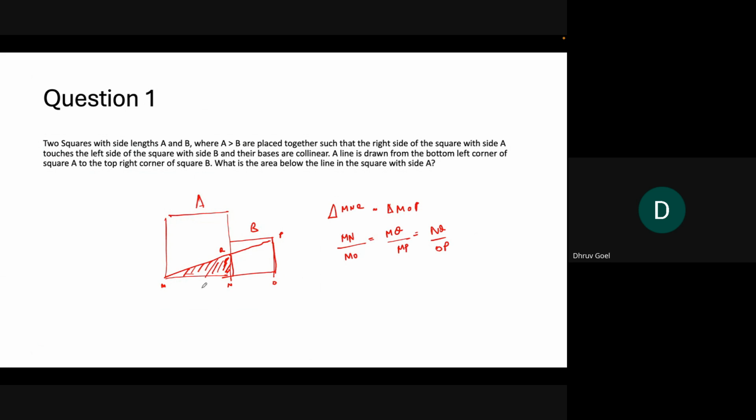Now I know the sides of this triangle will be A, this is B, and this is B. So MN will be A, MO is A plus B. MQ, I don't know, I don't care. MP, again, I don't know, I don't care.